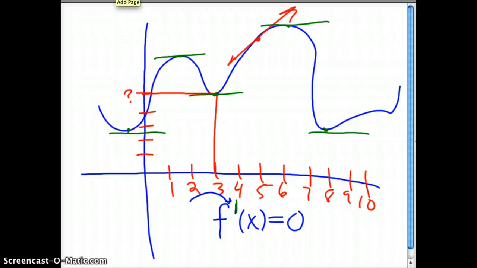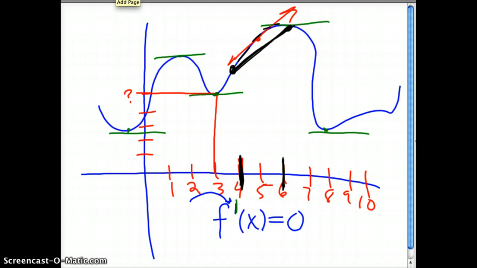Last up, if I were to ask you for the average rate of change from 4 to 6, you go to 4, you go to 6, and although it's not constant, I'm increasing slightly and then less, the average is represented by the slope of the secant line.